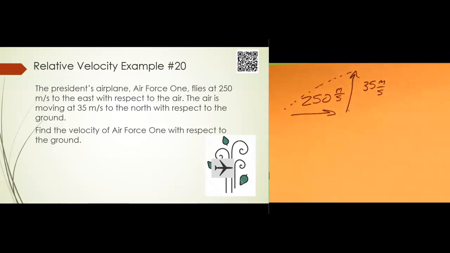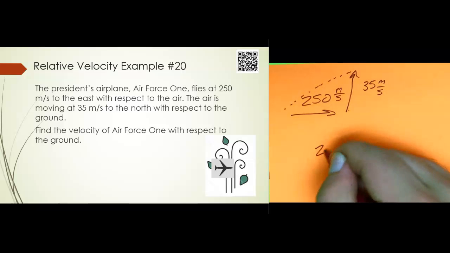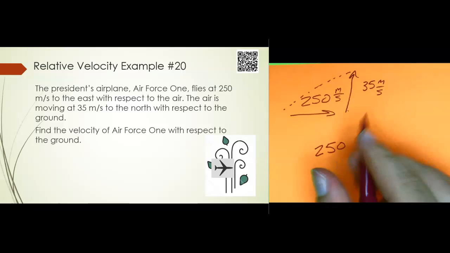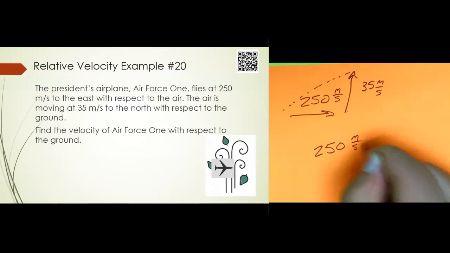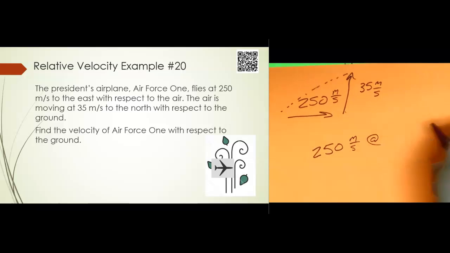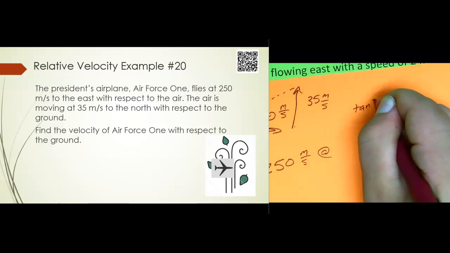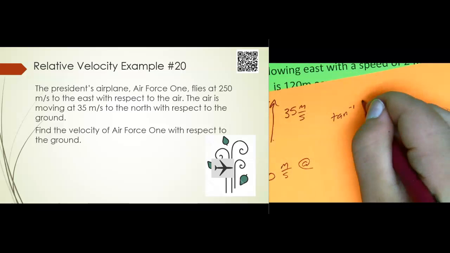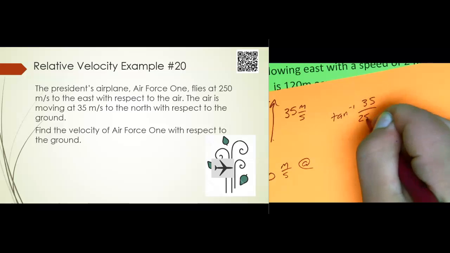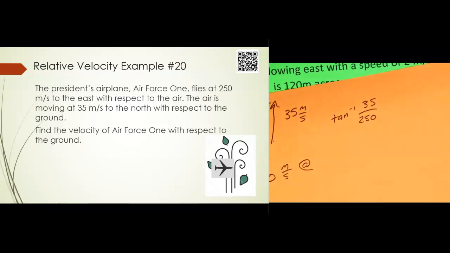A squared plus b squared equals c squared. So it's going to be 2 sig figs. So I'm going to have 250. Wow. Sig figs. Crazy. Then the inverse tangent of the opposite over adjacent. Okay, once again, 2 sig figs.